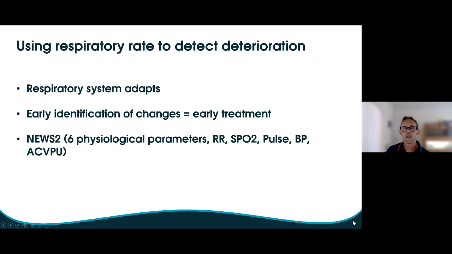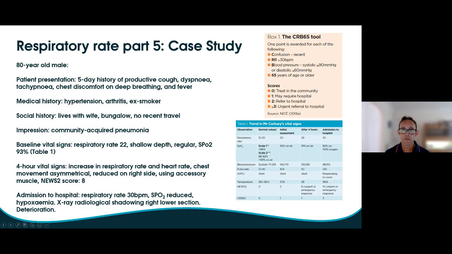The patient is an 80-year-old who has come into primary care. They've got a 5-day history of a productive cough. They're short of breath and have rapid breathing. They've got some chest discomfort on deep breathing, and they've got a fever.